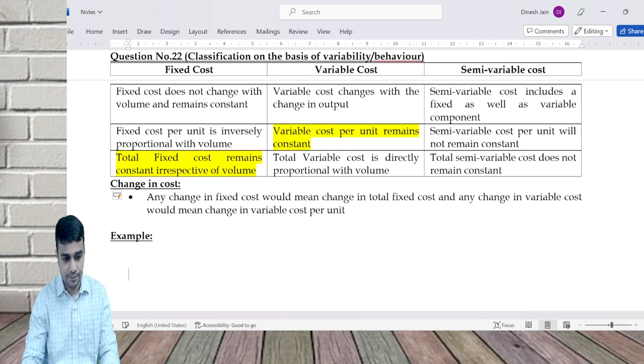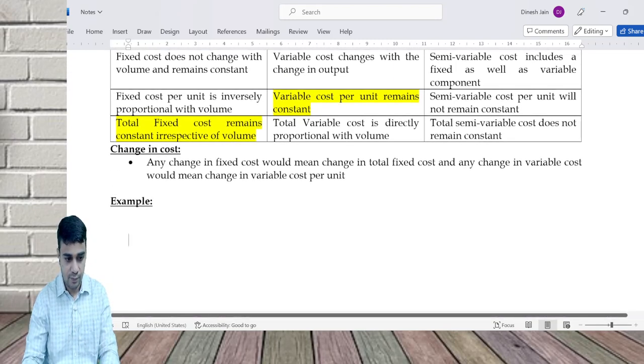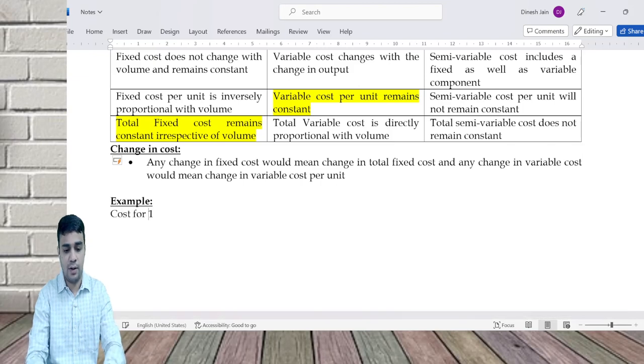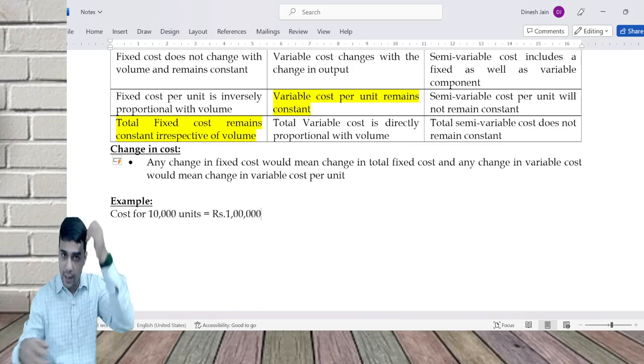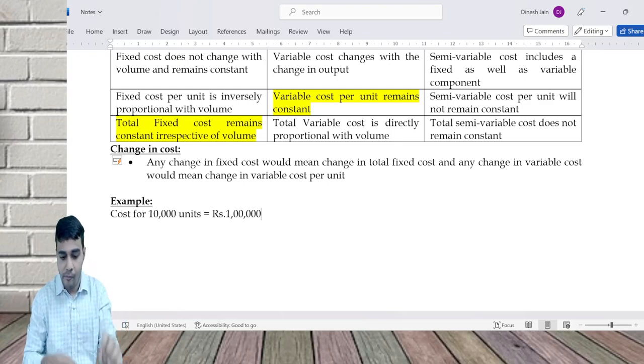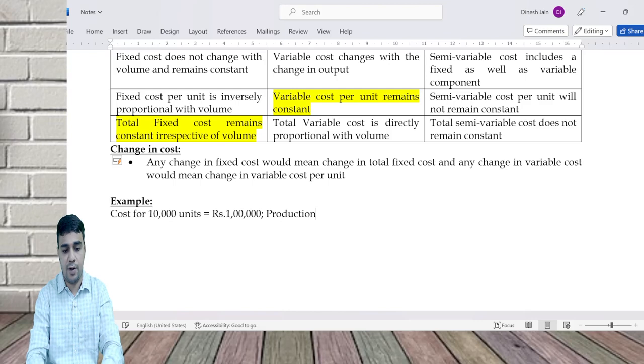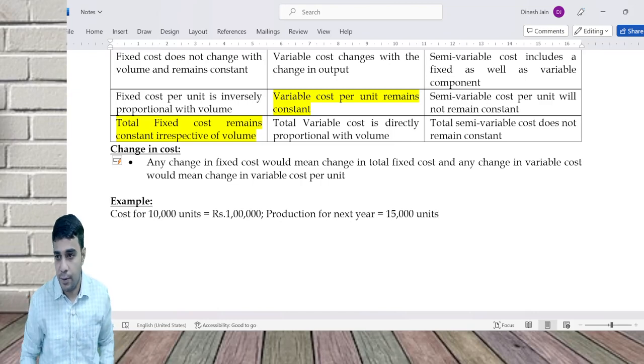Now, example. Cost for 10,000 units is rupees 1 lakh. Production for next year is 15,000 units.